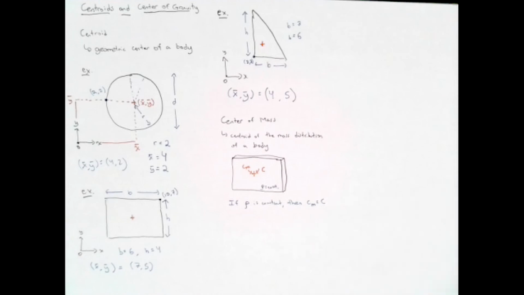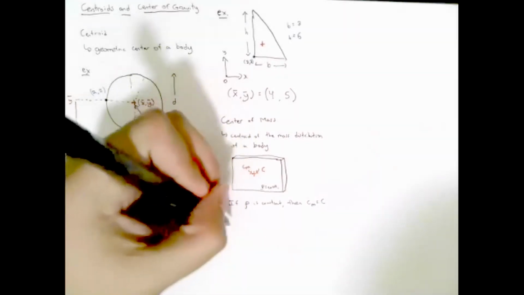However, one of the most important things that I feel all students should realize is that the centroid and the center of mass don't necessarily have to be located inside the body. So I'll give you an example.